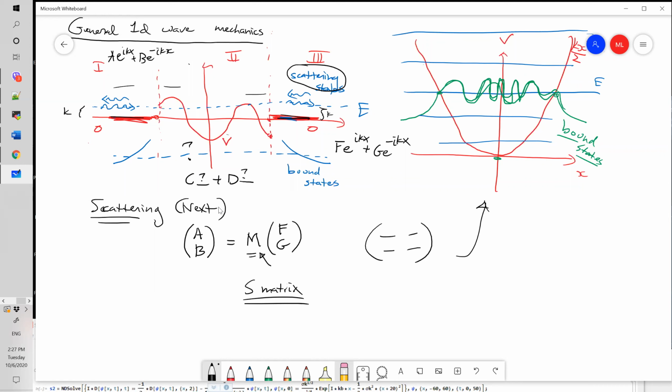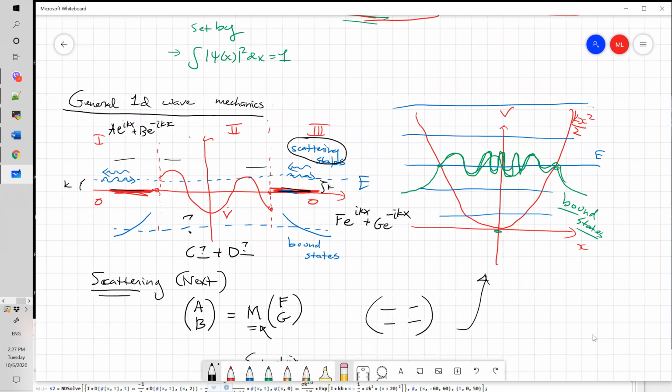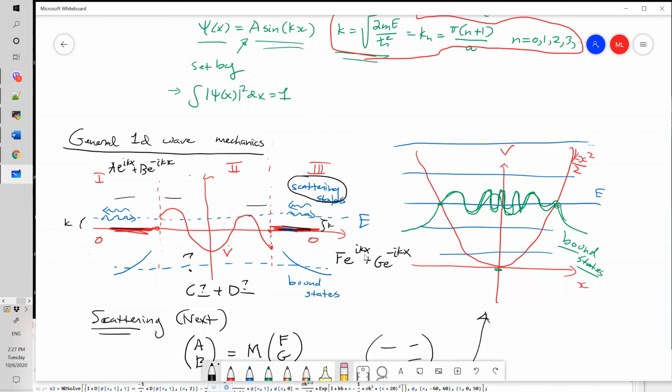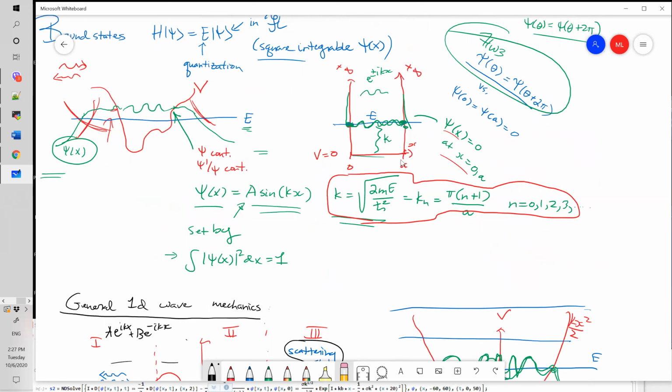I'll do that in recitation, but I expect that people have seen how to solve the finite square well and things like that from undergrad. And we'll do the harmonic oscillator in detail, but not going to spend much time. I just did the infinite well very quickly, and could do the finite well. So I won't spend much time on that.